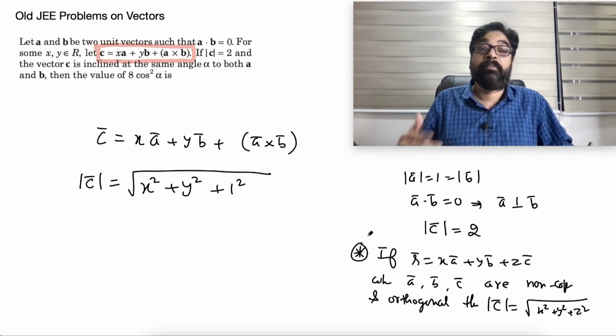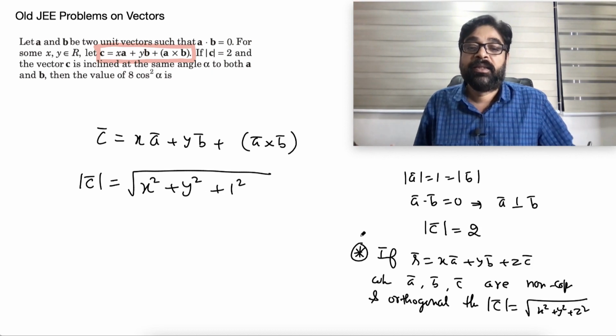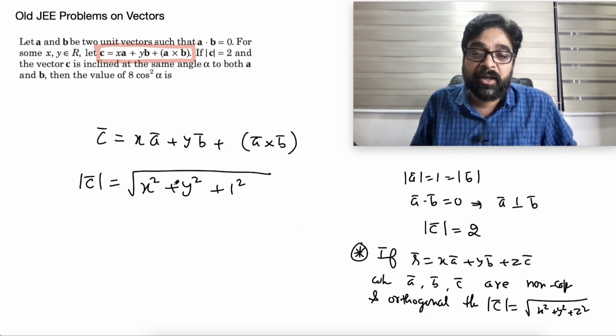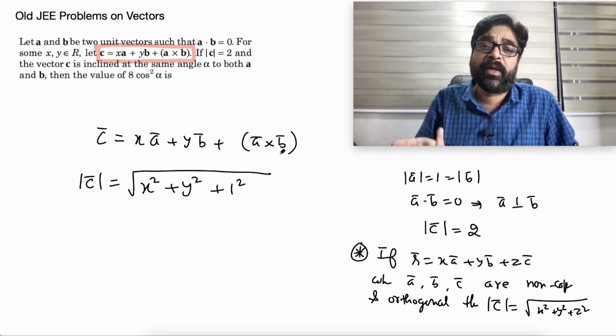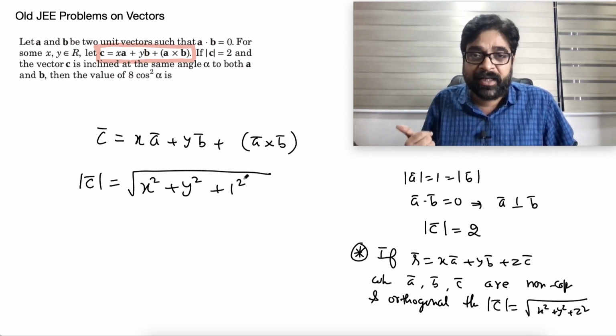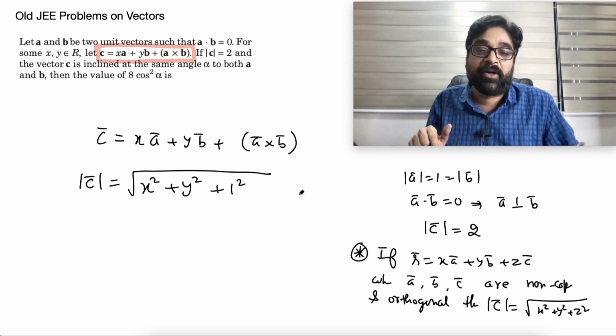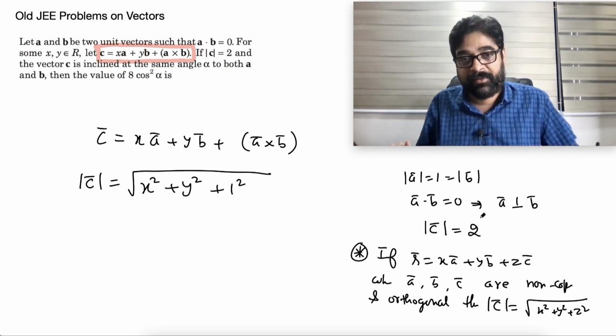Orthogonal means perpendicular. So you can write this statement only when all three are perpendicular. A cross B will always be perpendicular to A and B. That is not a worry. The worry is whether A and B are perpendicular or not, and they already mentioned this statement.